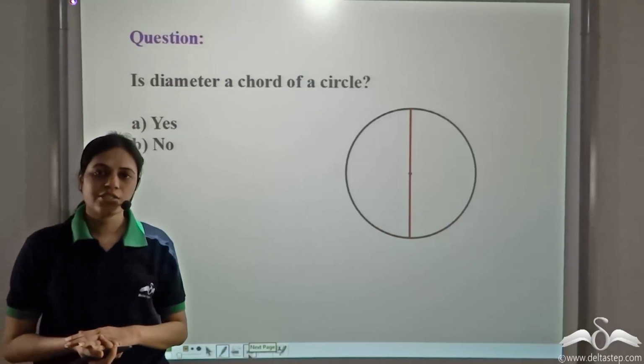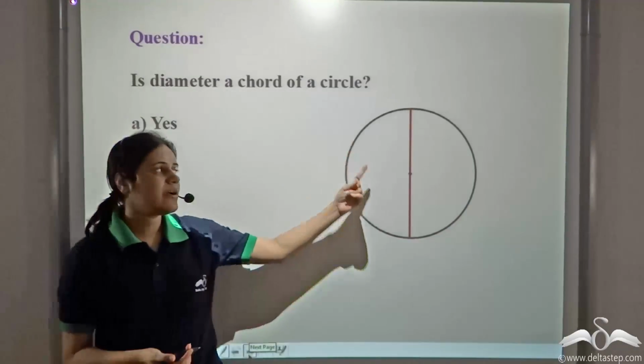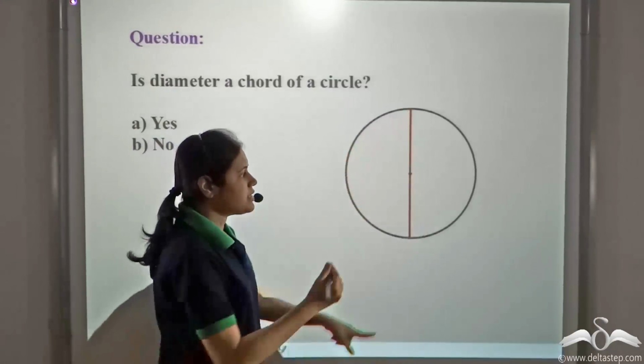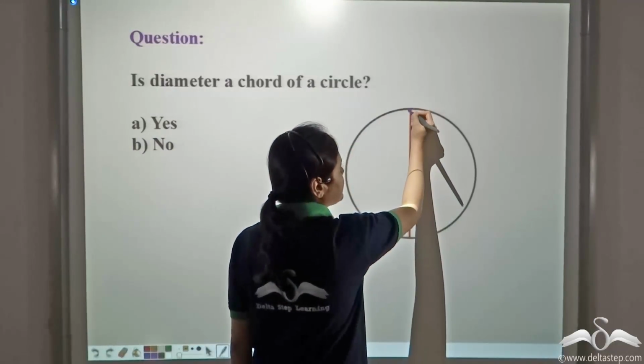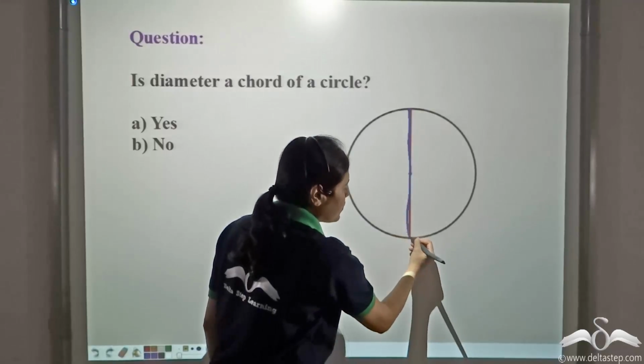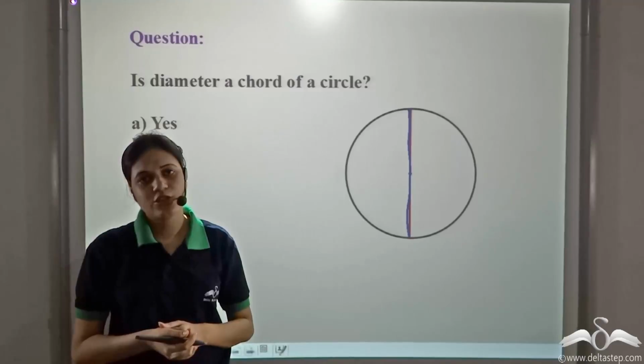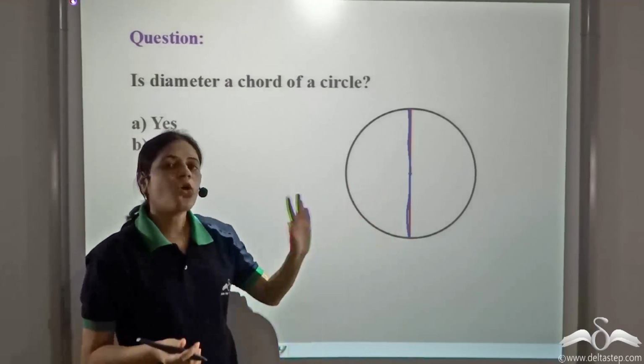So can you answer this question? Is diameter a chord of the circle? We can see this line segment, it is a diameter of the circle. Is it a chord of this circle?